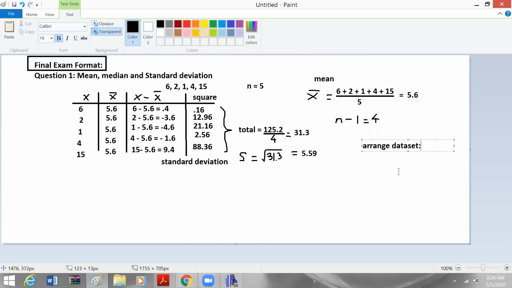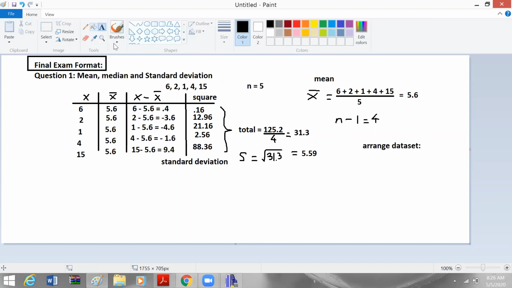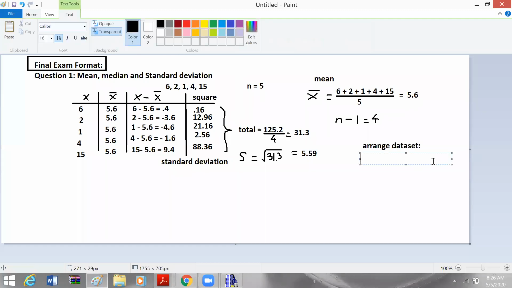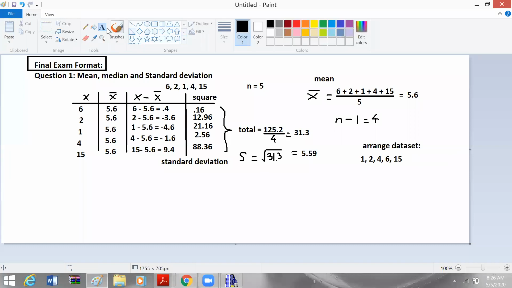So we're going to add them up, 6 plus 2 plus 1 plus 4 plus 15. No, we don't add them up. So we arrange them. The smallest one first: 1, 2, 4, 6, and 15, right? After we rearrange it, we pick the middle value.